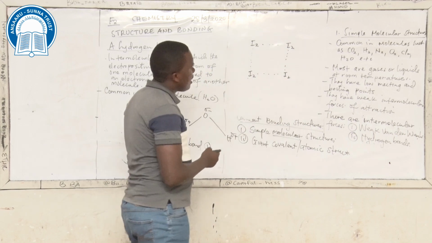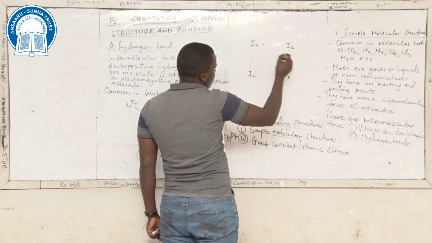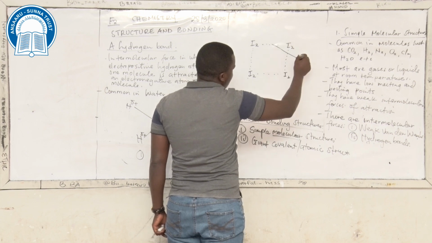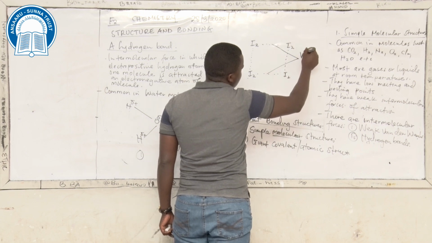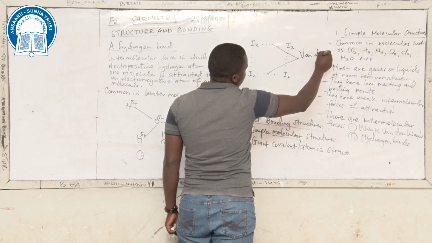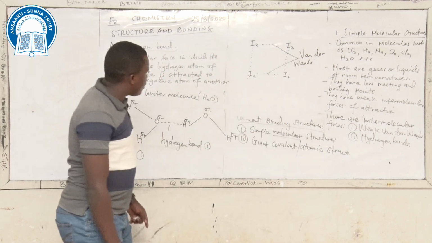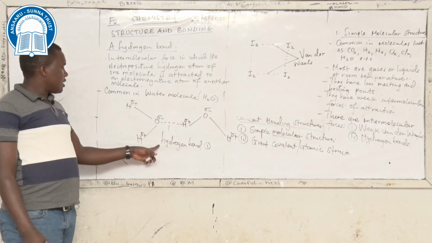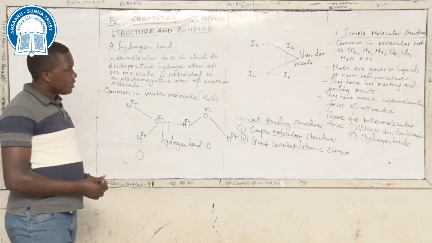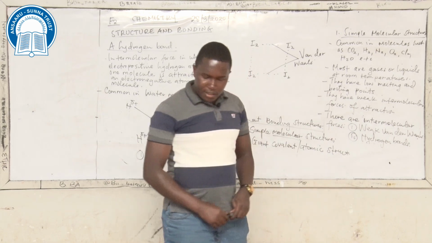Those are iodine molecules, and there are some forces, the dotted ones, which are joining them together. These forces are what we call van der Waals. These van der Waals forces are much weaker than hydrogen bonds, and that is why water will exist as a liquid, while most of these will exist as gases.